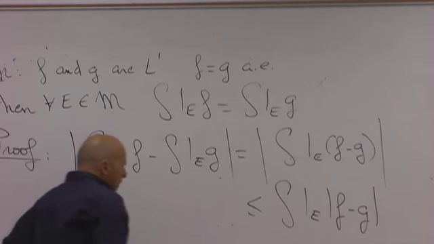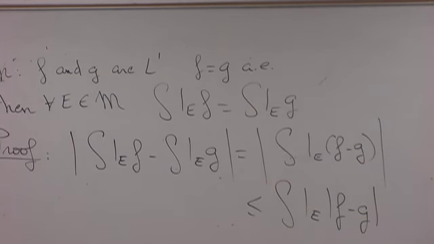So now, 1_E times the absolute value of f minus g is positive, and also it is 0 almost everywhere. That's because f is equal to g almost everywhere.